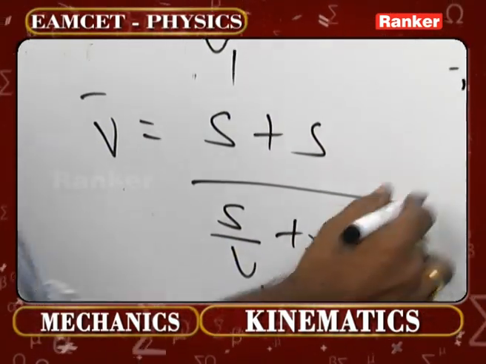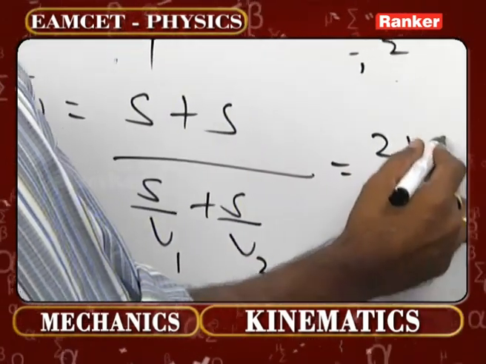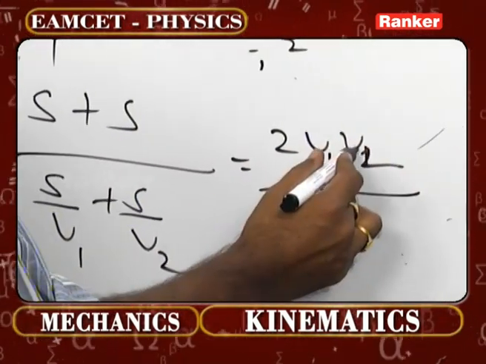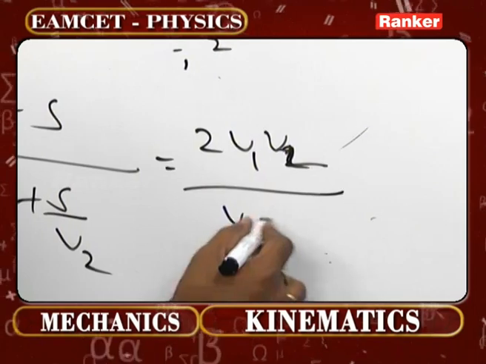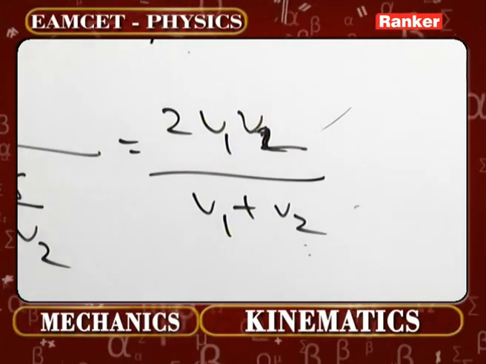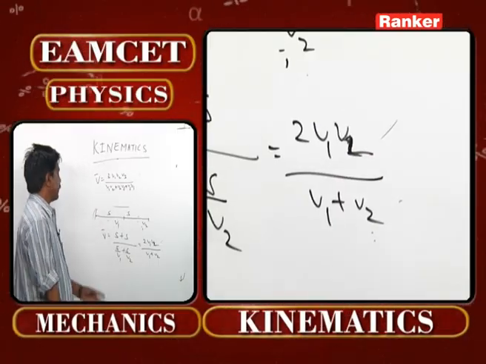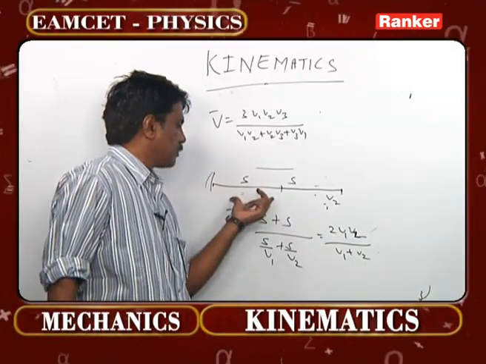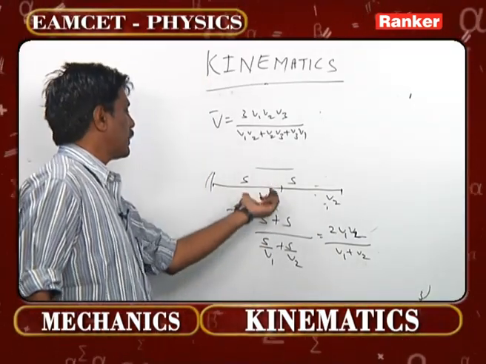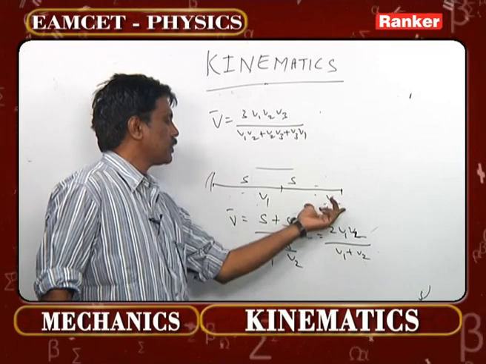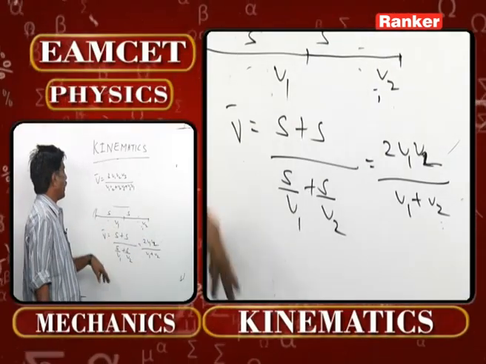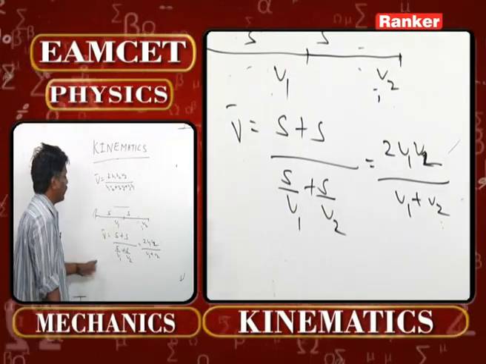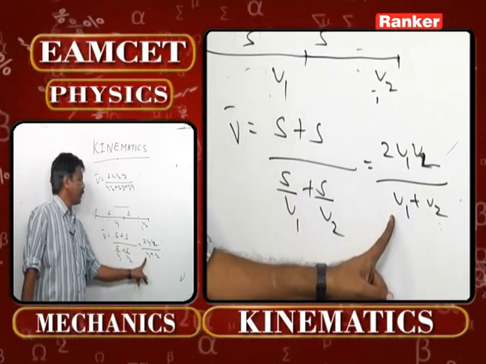This will give you 2 V1 V2 by V1 plus V2. Therefore, average velocity for the total motion will be equal to 2 V1 V2 by V1 plus V2.